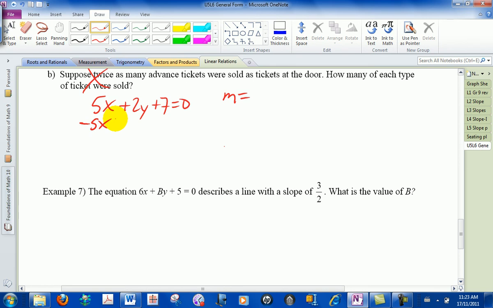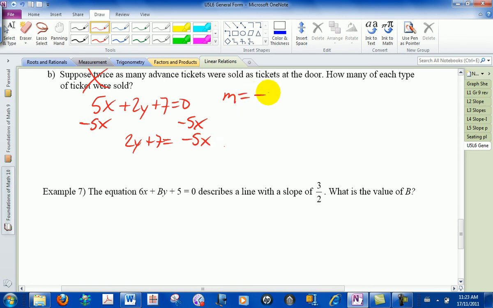Push it over to the other side, so instead of adding, you subtract. So minus 5x, both sides. So what goes on top? Minus 5x.